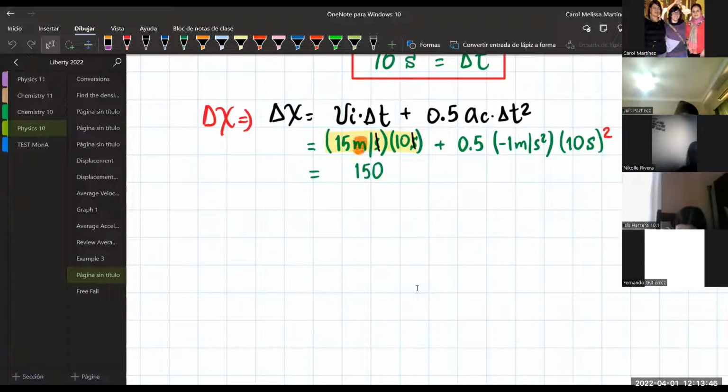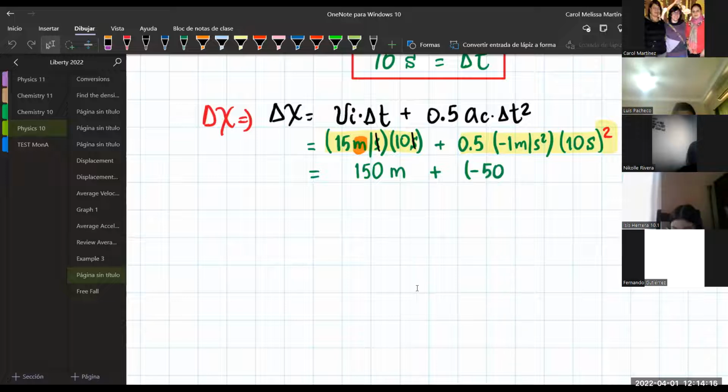Okay? So here I have 150 meters. Okay, plus. And now I'm going to solve for this. 0.5 times -1 times 10 raised to the second power. How much is that? -50.